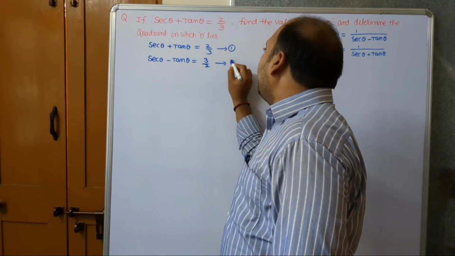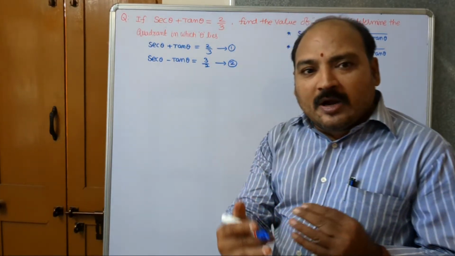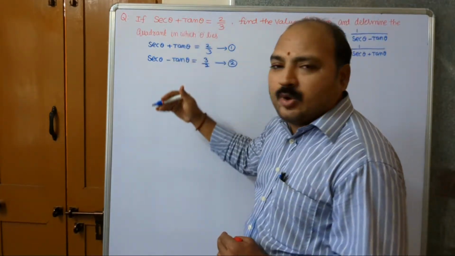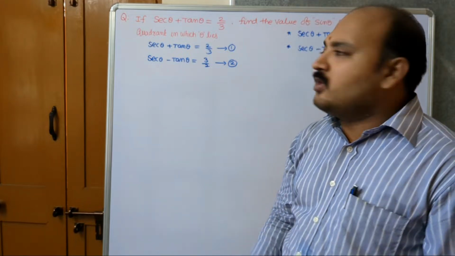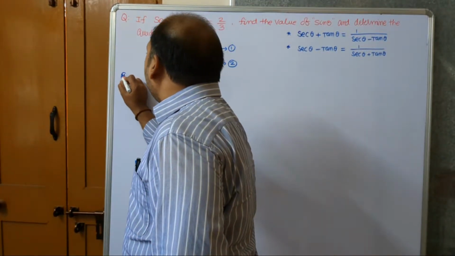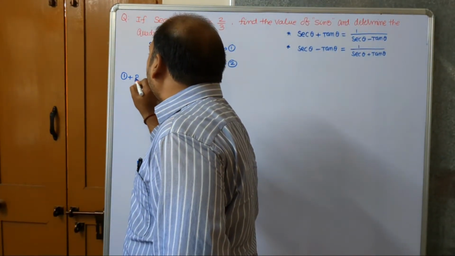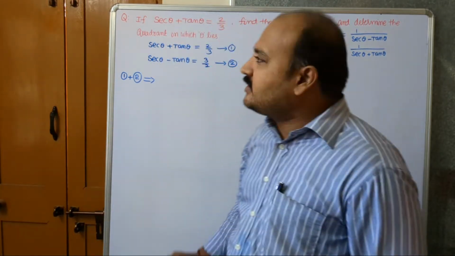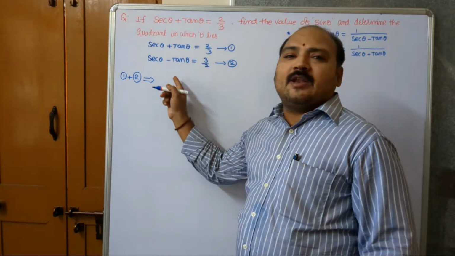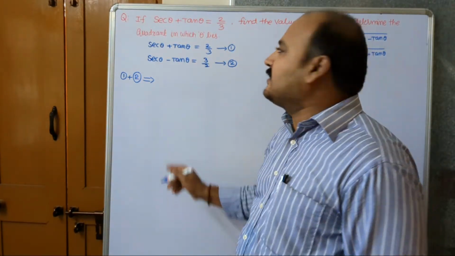So after writing these two, one time you have to add both the equations, one time you have to subtract both the equations. From equation 1 and equation 2, I am adding now. Whenever we add these two equations, plus tan theta minus tan theta gets cancelled.